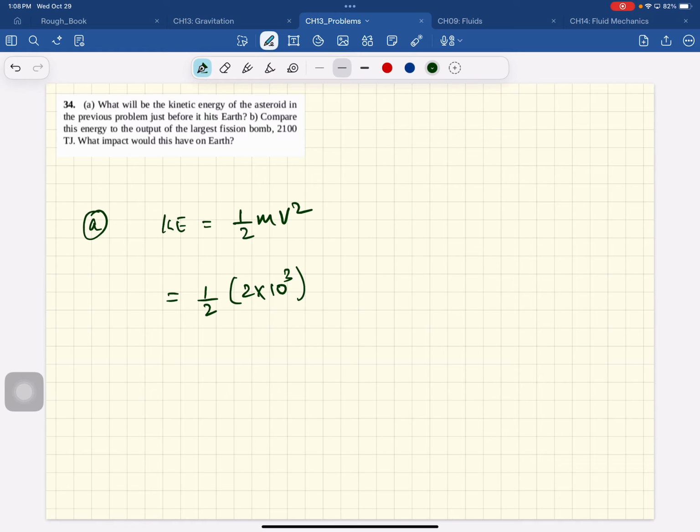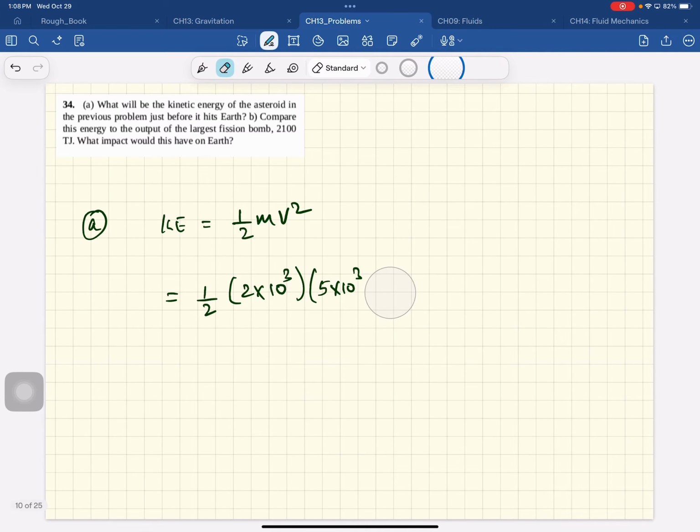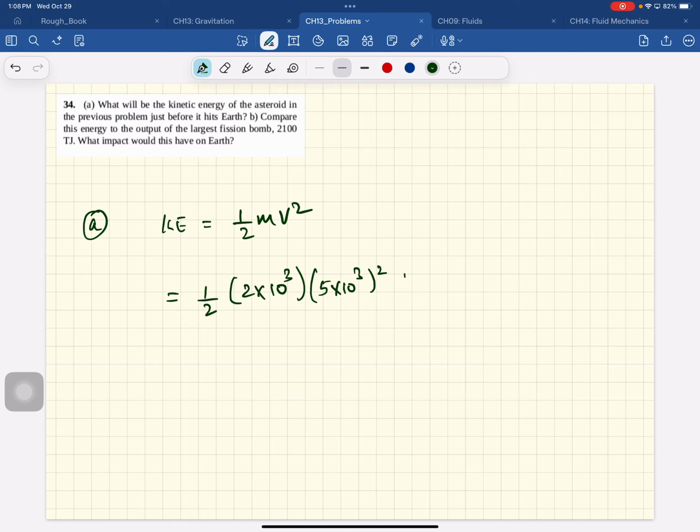And the velocity is 5 times 10 to the 3 meters per second squared, and energy works out in joules. Okay, so this is 6 and 3, 9.